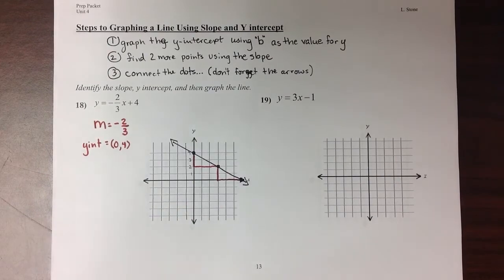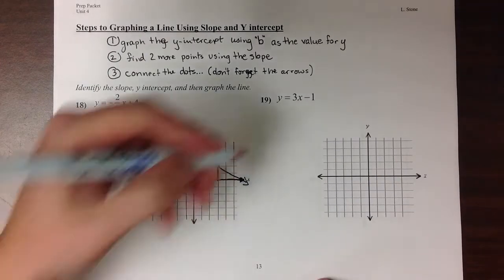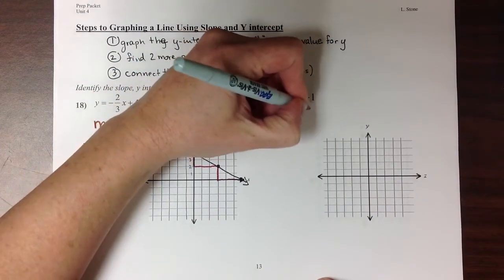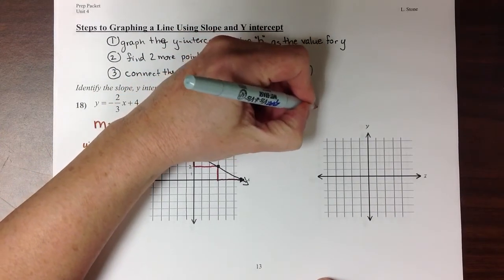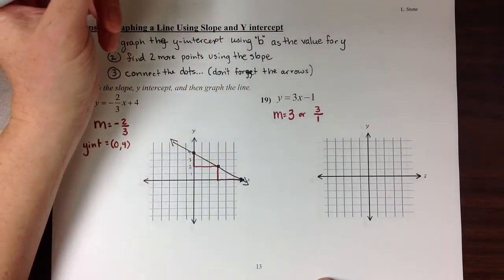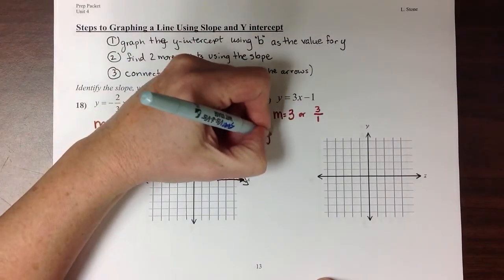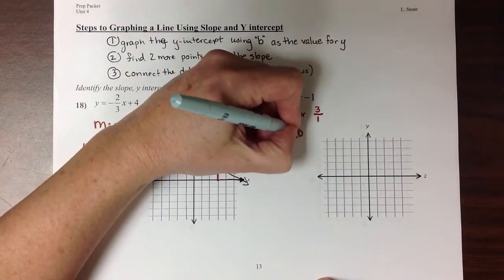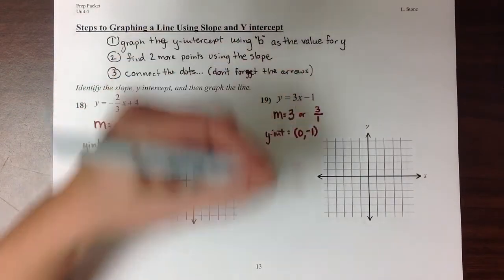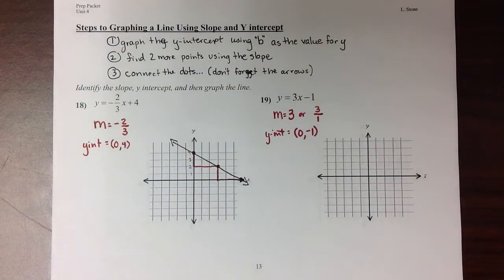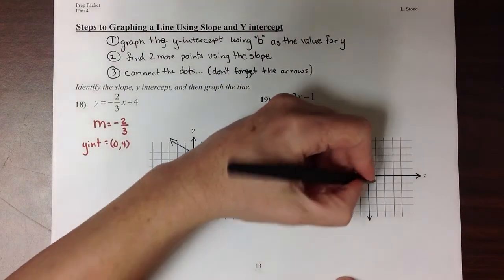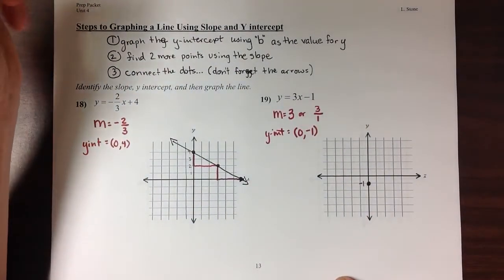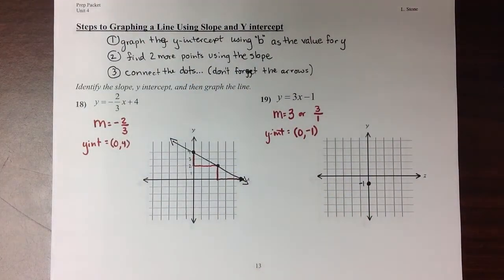Let's try another example. My slope in this case is 3, or you can think of it as 3 over 1. And my y-intercept is going to be the point (0, -1). So putting that on my graph, the point (0, -1) is right there. And I have a slope of 3 over 1.